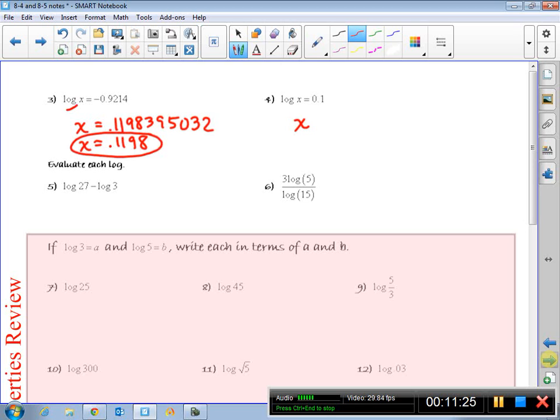Remember, in the absence of a base, it's base 10. And to do this one, I hit second log, log inverse, log inverse. All right, number 4, log inverse. To get x alone, log inverse of 0.1.